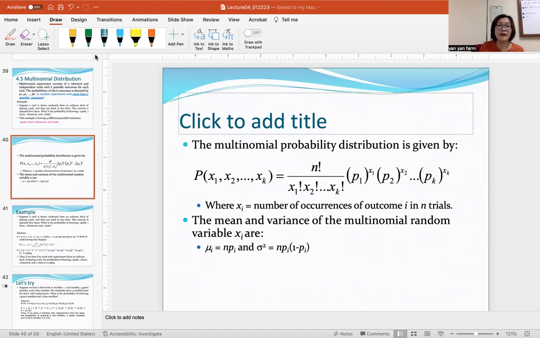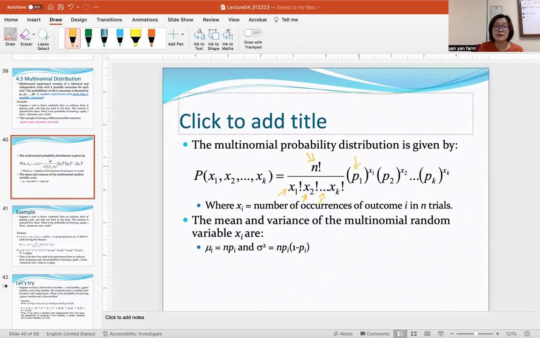Let's say I have 10 trials. This is the number of trials. So successful for the first one, successful for the second one, successful for the third one. Here, the number of occurrences of the outcome.